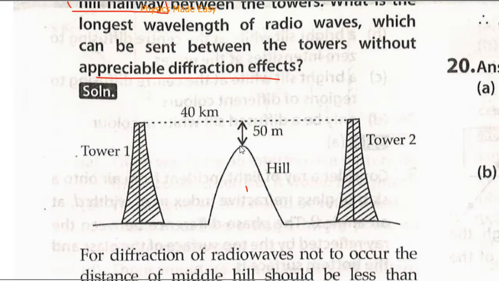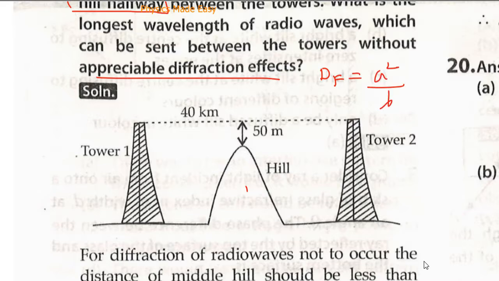Now this height difference is 50 meters. So we have the formula for Fresnel distance, df is equal to a square by lambda.